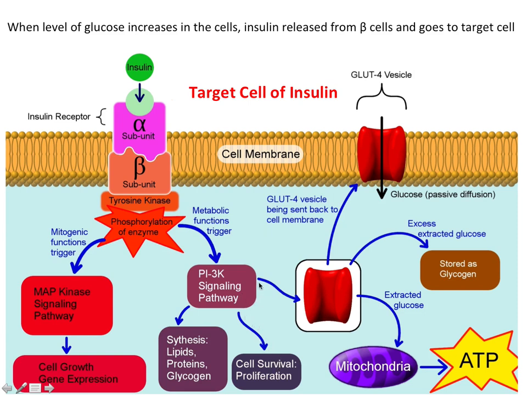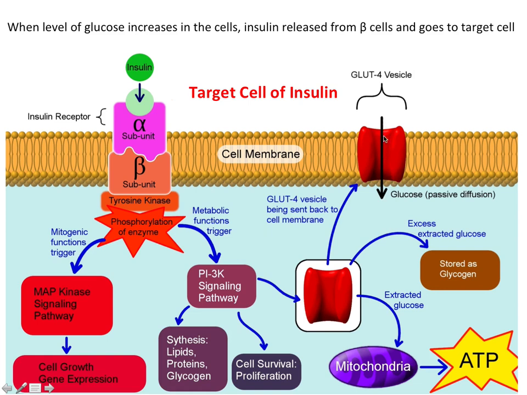And more importantly, it can activate GLUT4 vesicles, and once this GLUT4 vesicle gets activated, it is sent back to the cell membrane, and once it comes to the cell membrane, the glucose molecule can easily diffuse inside the target cell.